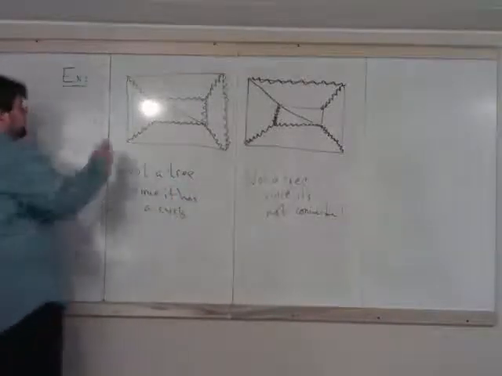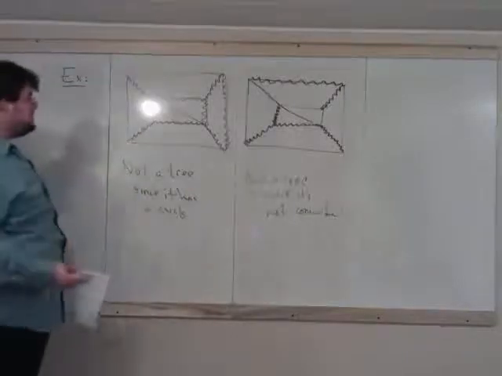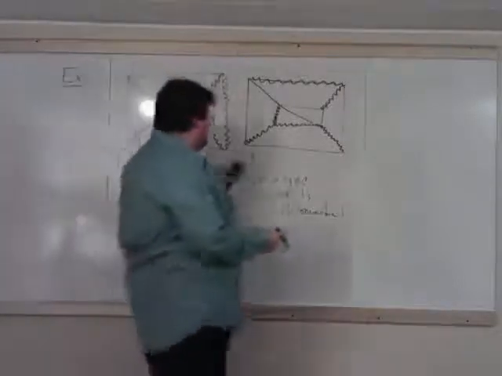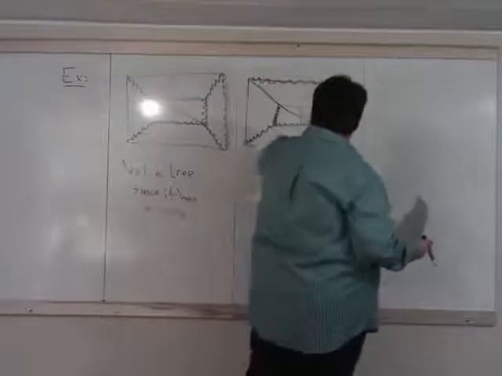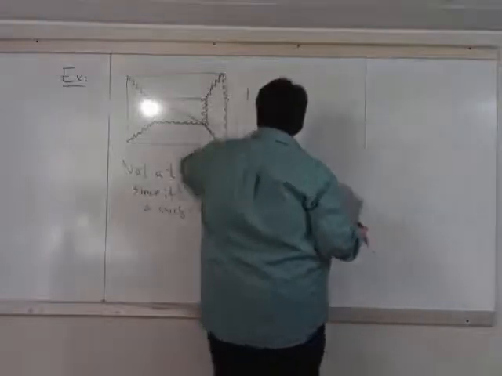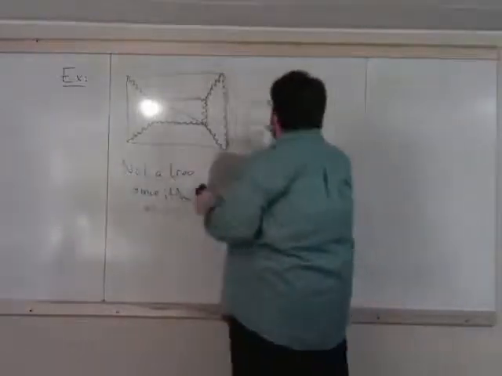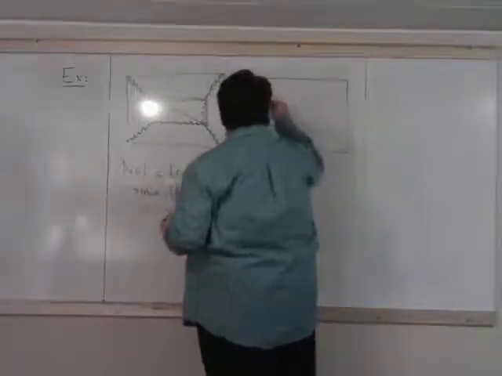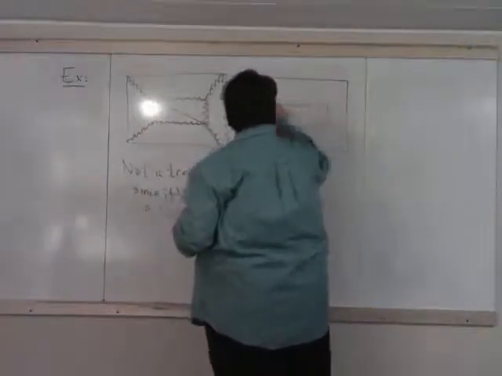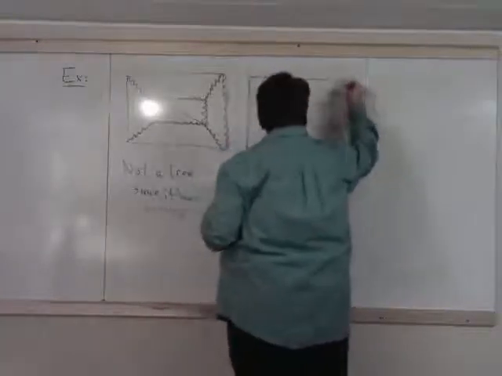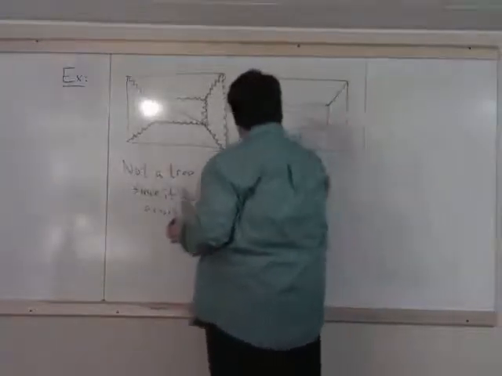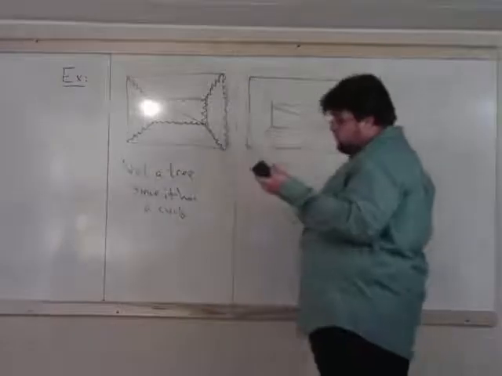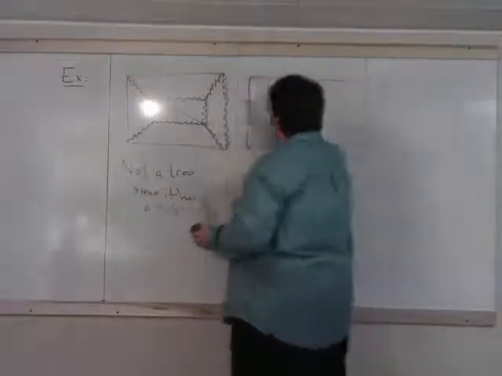In the first one I drew, the entire thing was a cycle, and I didn't want that to be the example. And let's look at this. Which ones do I want to include? Let's do this.